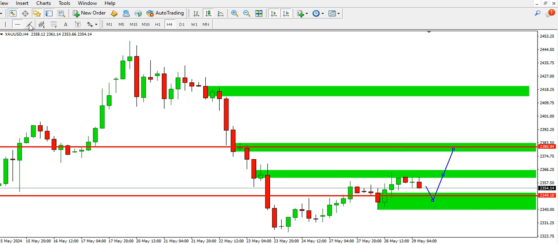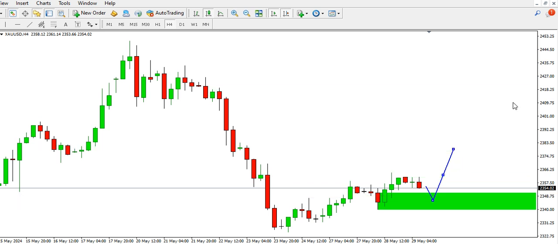Of course, if price finds resistance at that level, we might see a drop to test this resistance, becomes support, and then we might likely see price go up to test this next order block. That's if the bulls are successful at stopping this bearish flag from happening, but only time will tell which direction price is going to go.